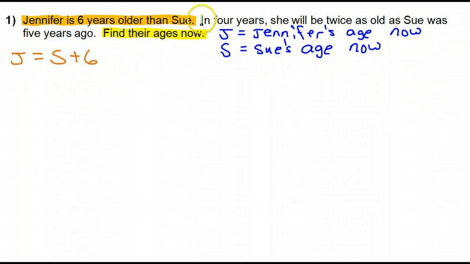All right, it says in 4 years she will be twice as old as Sue was 5 years ago. Okay, so we're talking about 4 years and 5 years ago. So it says in 4 years, so we're still talking about Jennifer.